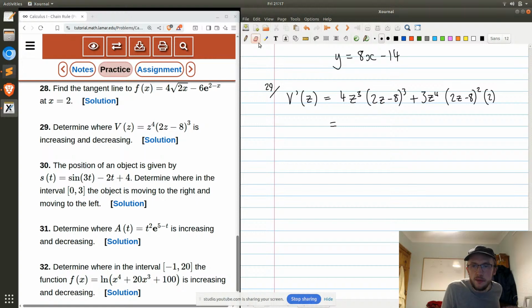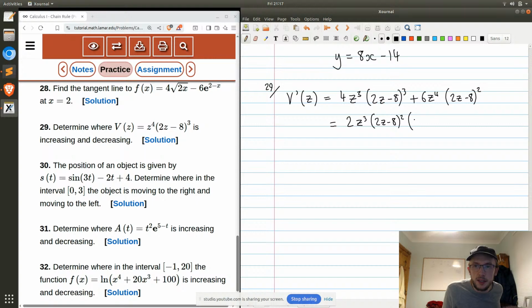All right, so the very first thing I'm going to do is turn that into a 6. And the very second thing I'm going to do is factor. What am I going to factor? I'm going to factor 2. I'm going to factor z cubed. And I'm going to factor 2z minus 8 squared. And then I'm going to open a pair of brackets here.